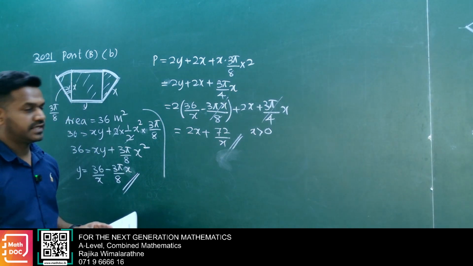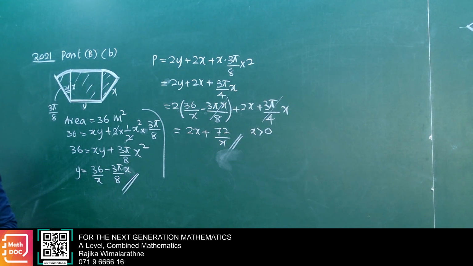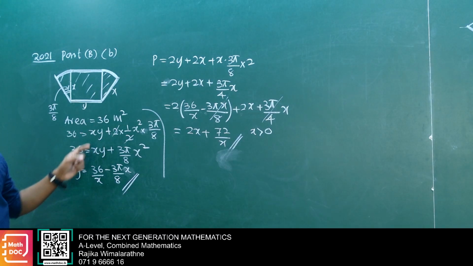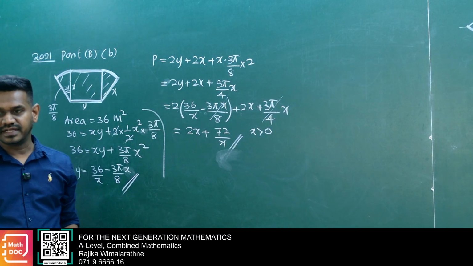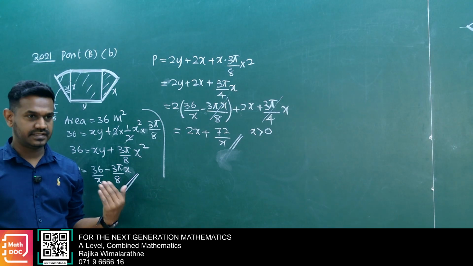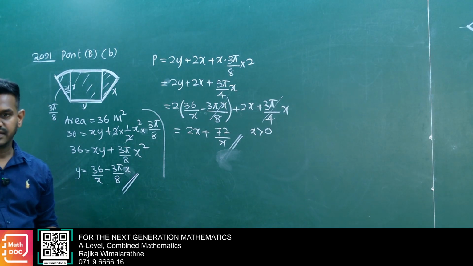That is general geometry: first write the area relation, then the perimeter relation, and manage it to get the result.